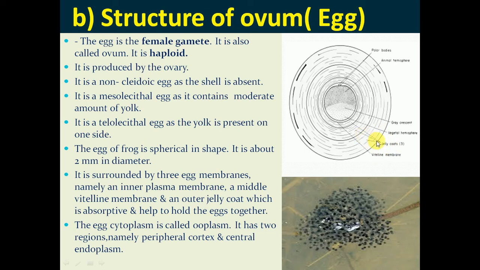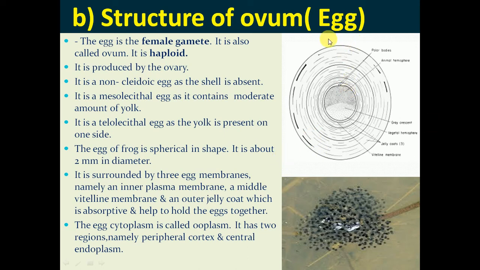This is the outermost covering, the jelly coat, which is absorptive and helps to hold the eggs together. The cytoplasm found in the egg is known as the ooplasm, and it has mainly two regions, the peripheral cortex and the central endoplasm.